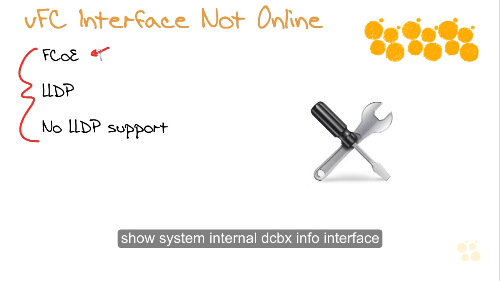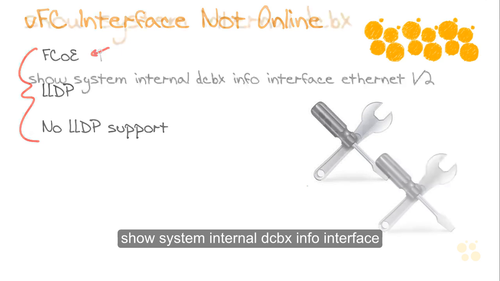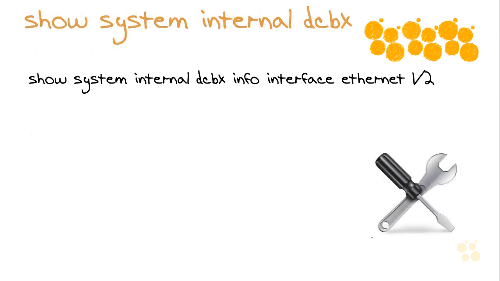We can use the command show system internal DCBX info interface in order to verify this. I can't emphasize enough how important this verification command is, show system internal DCBX info interface, and then here I'm specifying the Ethernet 1/2 interface as an example.